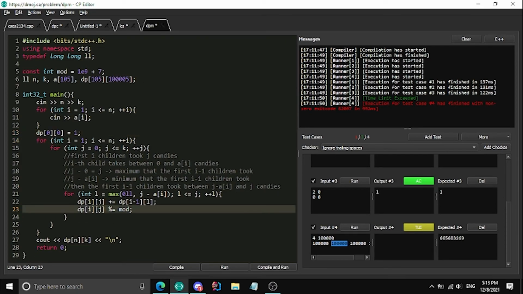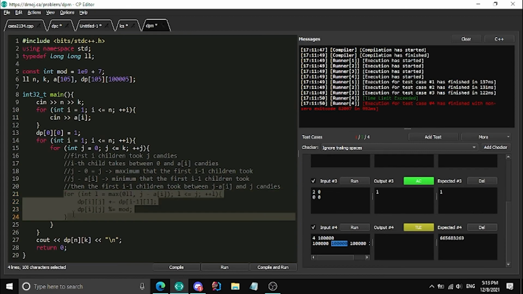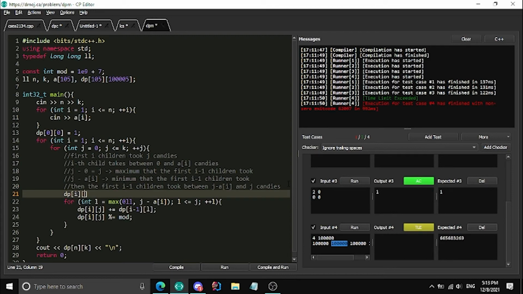Now realize that what we're actually doing here is just a range sum query. So what we're really doing is dp at i at j plus equals the sum of all the elements from dp at i minus 1 at j minus a at i to dp at i minus 1 at j.